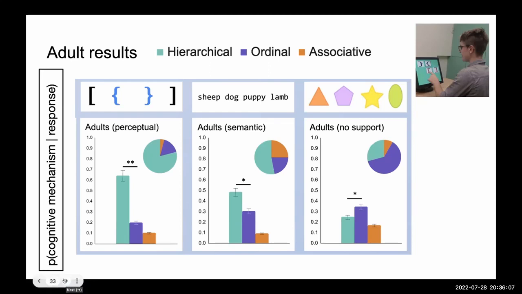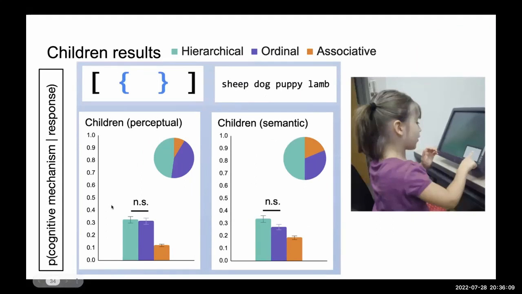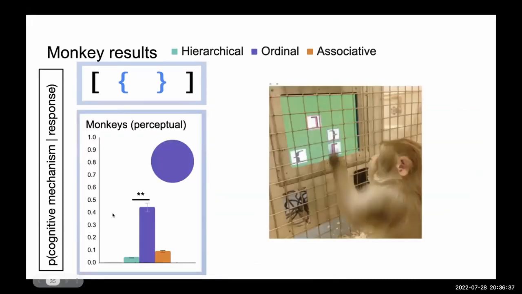Moving to the children, as an average, they're not using hierarchical reasoning any more than they're using ordinal reasoning, though if you take a look at each individual's dominant strategy, the most predominant strategy is indeed hierarchical reasoning. However, for children, there's a mix of hierarchical and ordinal reasoning. And finally, when you go to the monkeys, you see that the monkeys are predominantly using ordinal reasoning mechanisms.